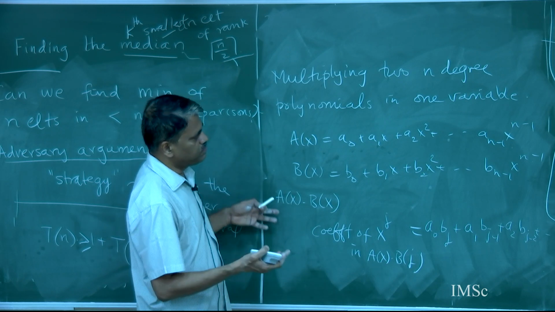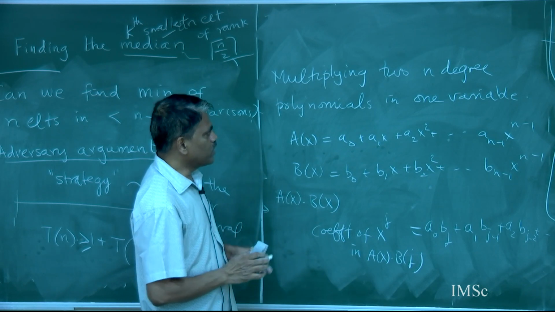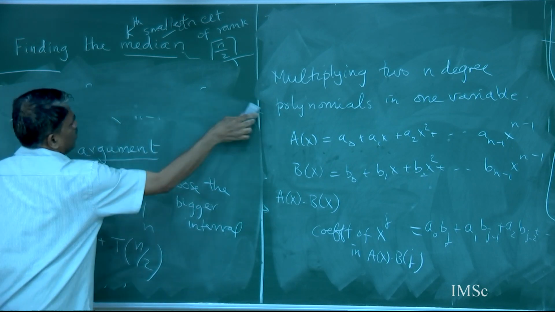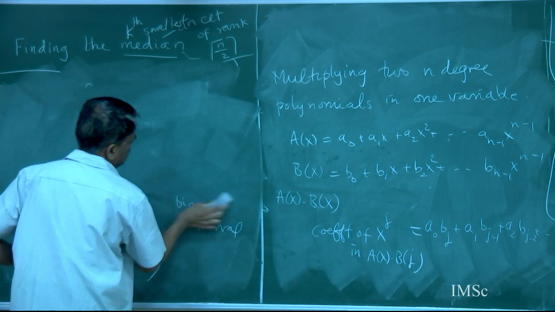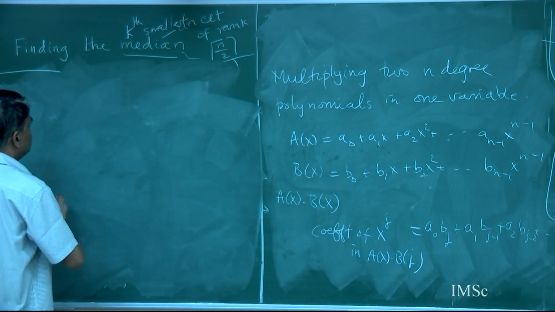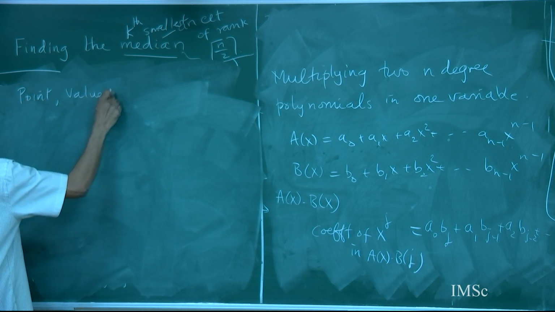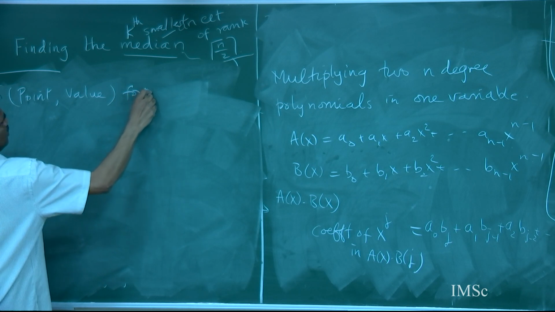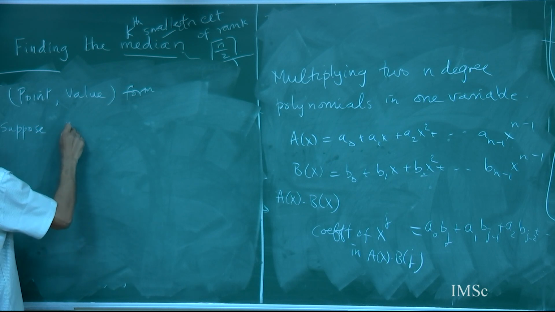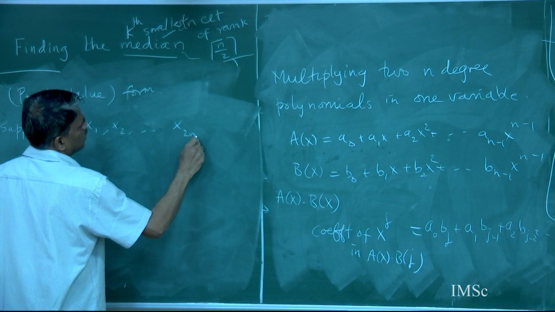So how do we do this multiplication? Well, we are going to look at these polynomials in a different form. And that is called point value form. So suppose I have some points, some values x0, x1, x2, up to x2n minus 2.